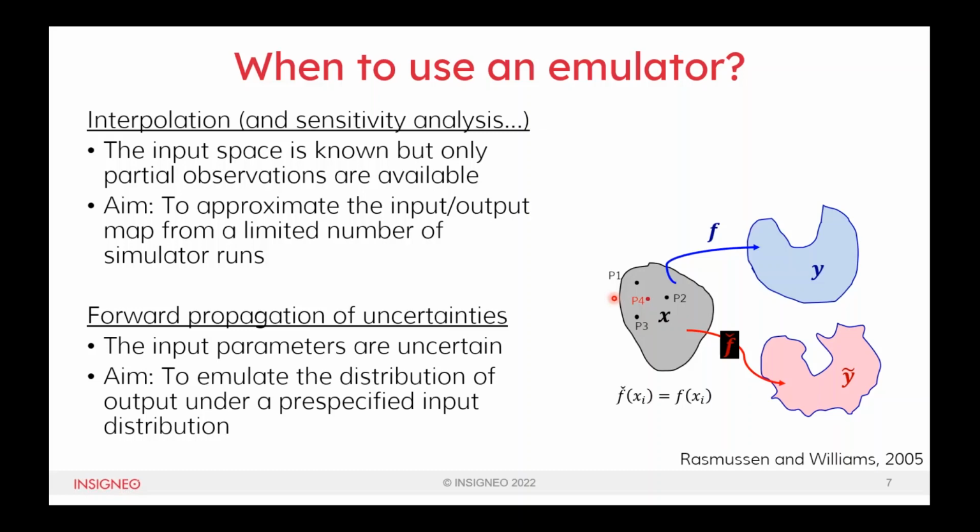So in this case, what could be done is to train an emulator on these P1, P2, and P3 points, and you then use the emulator to provide an estimate of the behavior of the system in P4.